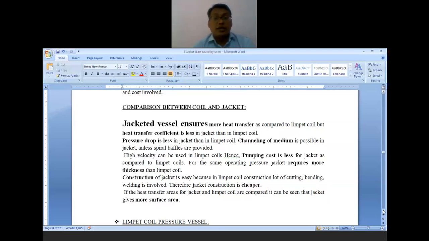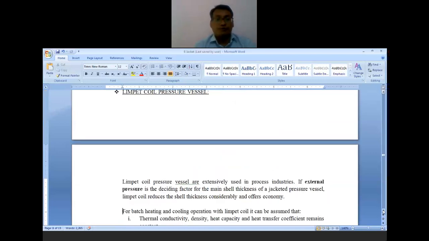Each coil is to be welded, so that is not an easy job and not a cheaper one. So fabrication of the jacketed vessel is easy as well as cheaper. However, it provides more surface area also. That is why the amount of heat transfer is more.